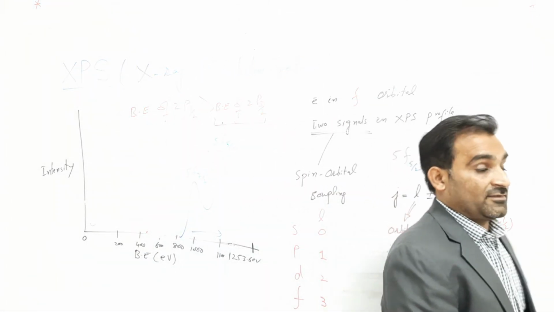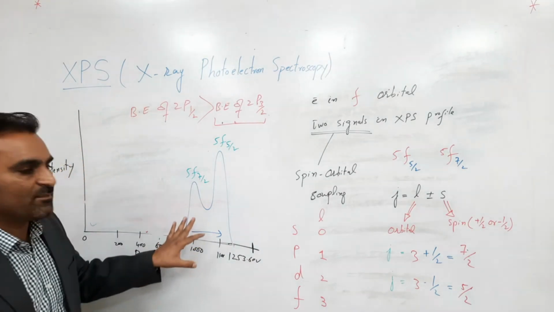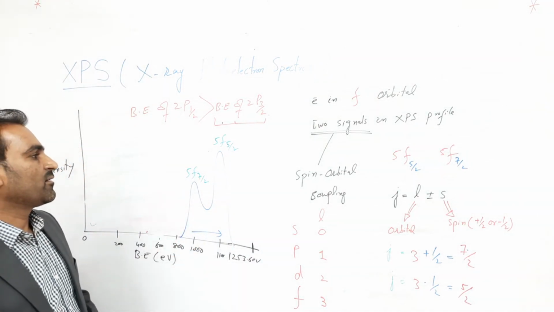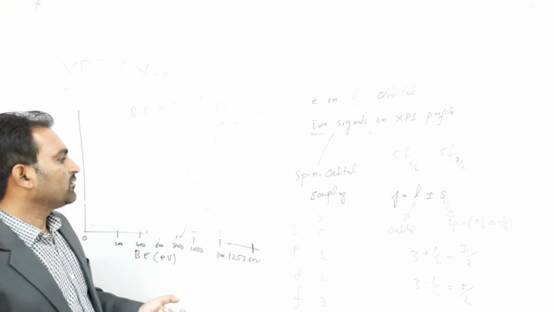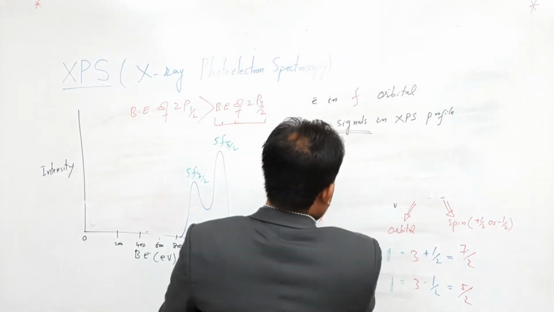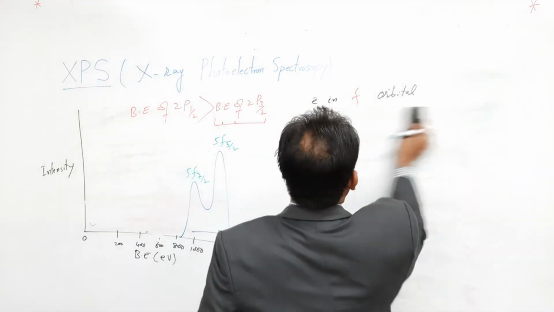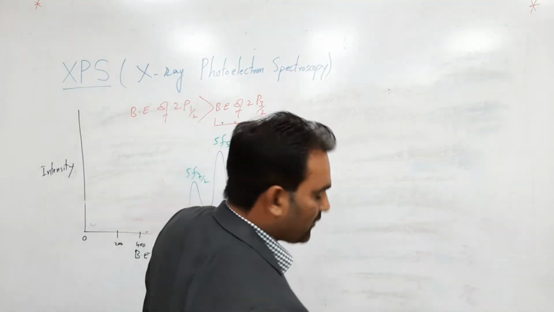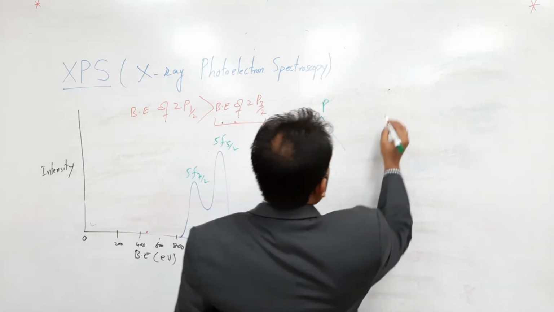Okay, this is a very important concept. In addition to these splittings, we must know the peak height ratio for all these cases. For that particular information, peak height ratio, we know p has two different parts.